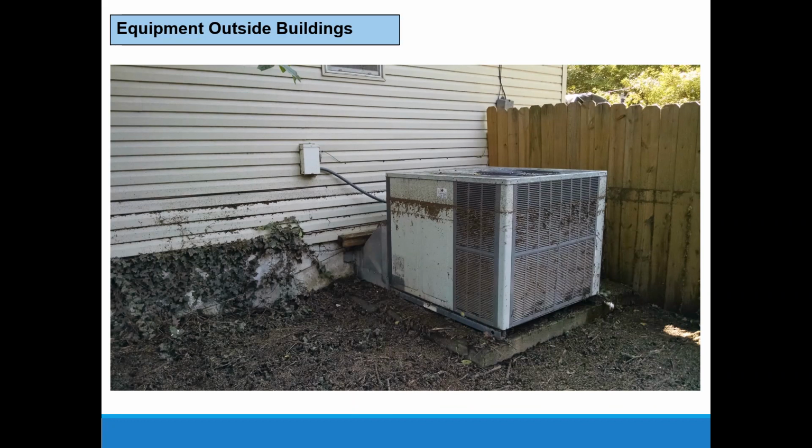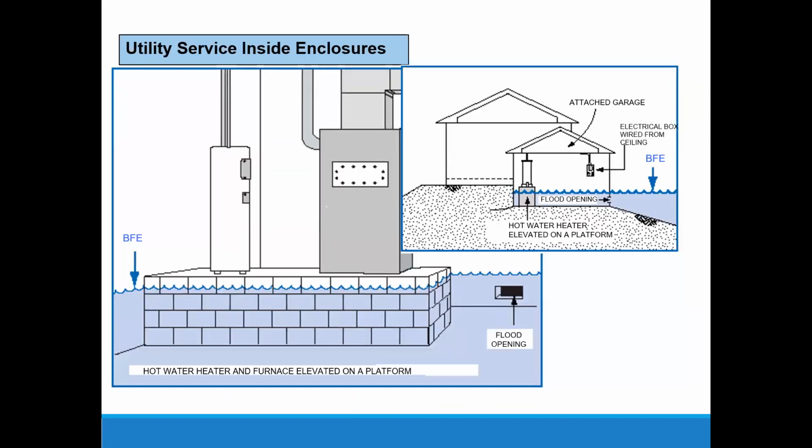That's what we're trying to avoid, and where FEMA saw a lot of the claim payouts going to submerged utilities. Again, inside an enclosure, they should be elevated on a platform or something like that, just to keep them above that water level.